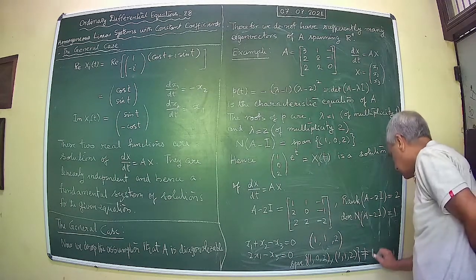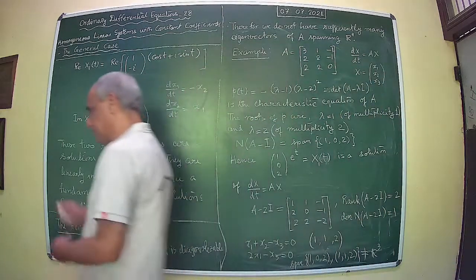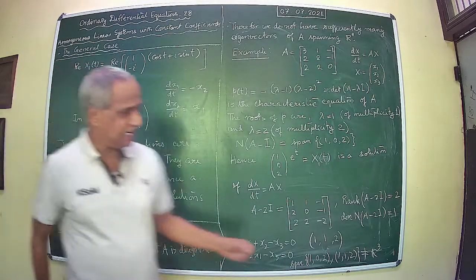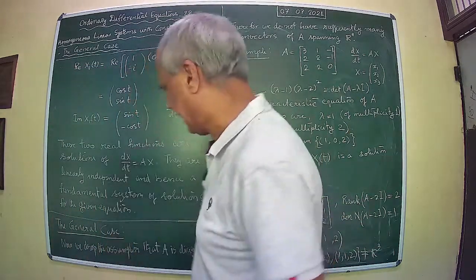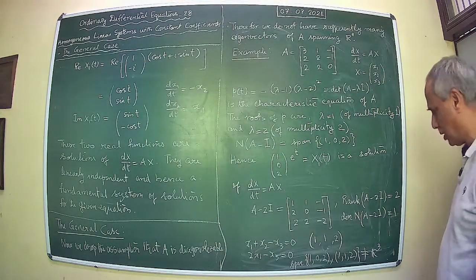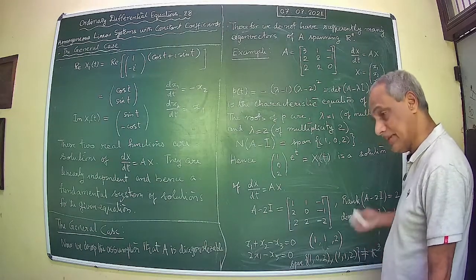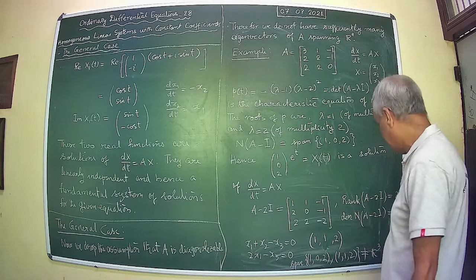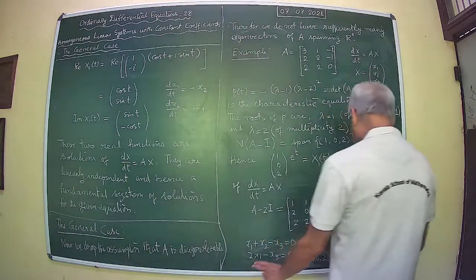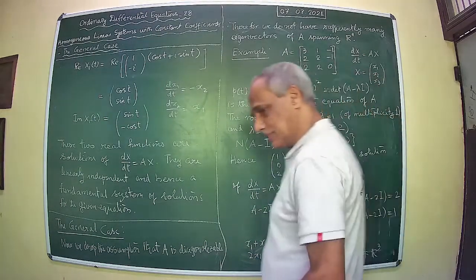This is the problem. Therefore, you need to construct another vector, and once you get another vector, you can get another solution. In this case it is easy to pick one vector which does the job, but we want to pick something very characteristic to this equation. We will go about doing that. So that's our job. Now I will stop this example at the moment and then return to it.